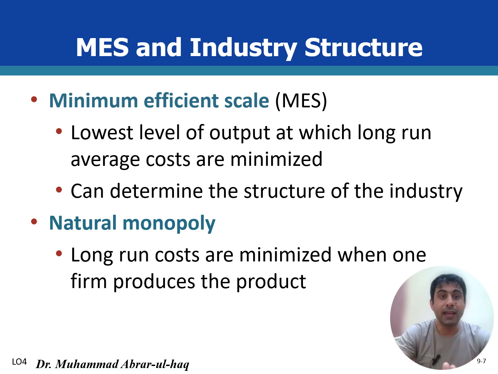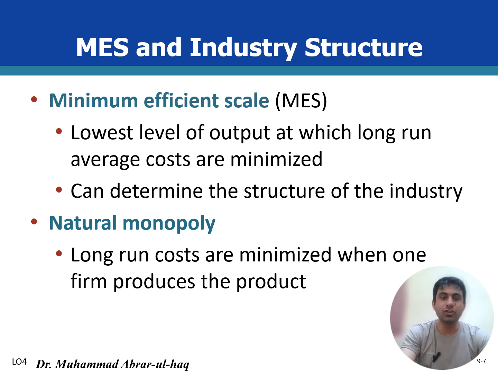So that's why the MES plays a very crucial role in determining the structure of industries, particularly identifying natural monopolies. A natural monopoly occurs when a single firm can produce the entire output of the market at a lower cost than multiple firms producing the same output collectively.